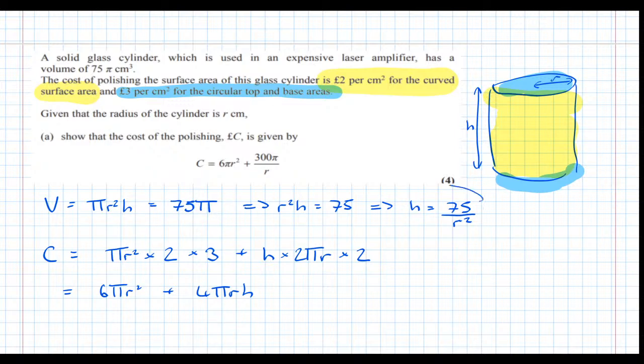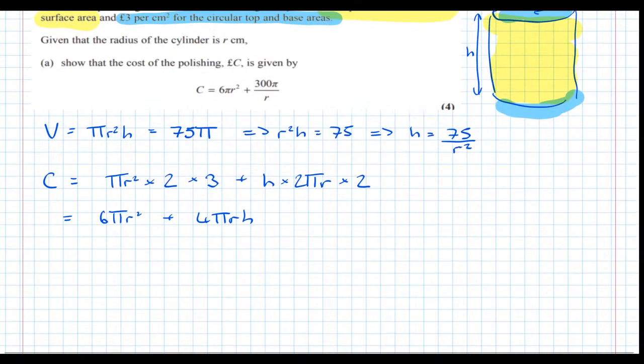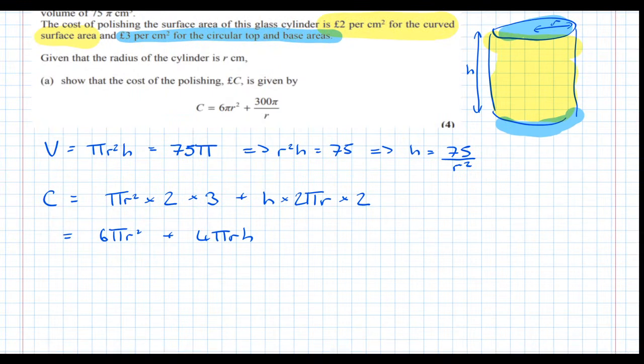And now what we can do is take that h and use that to eliminate that h there. C is equal to 6 pi r squared plus 4 pi r times h, which is 75 over r squared.